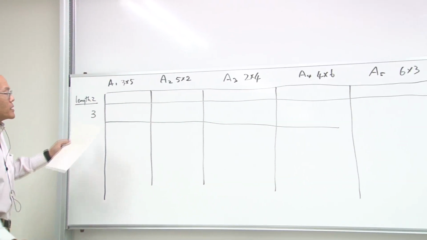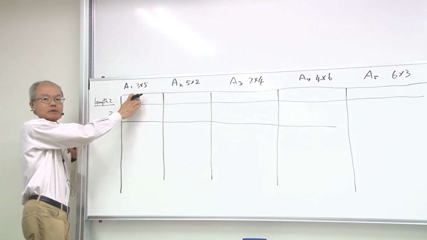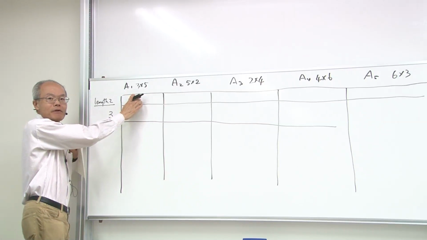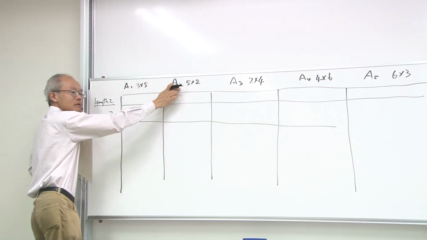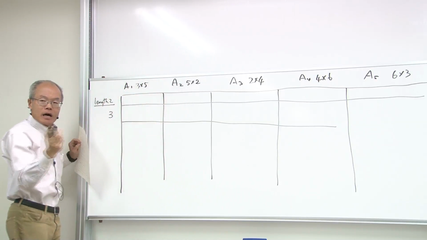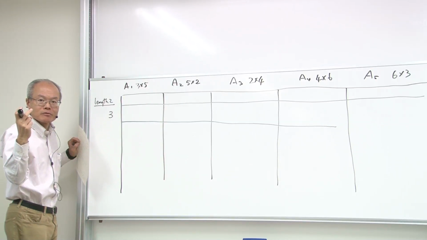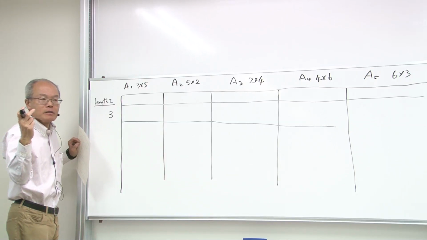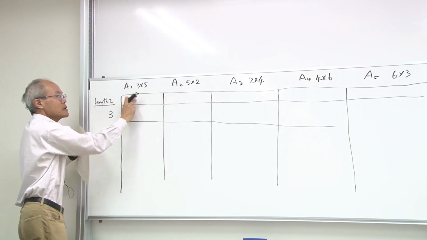What do I mean by length 2? Length 2 means we write in this entry the number of operations to multiply A1 and A2. Length 2 means how many operations we need for multiplying 2 matrices, starting from A1.